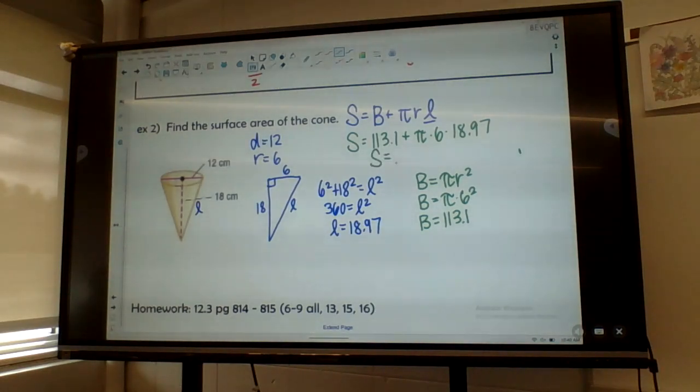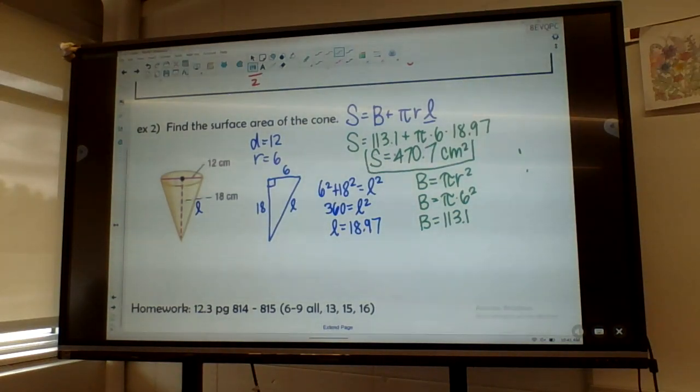And depending on how much you rounded off, I got like 470.7, and that'll be centimeters squared. You might have gotten a little bit under, a little bit over, but I would just go with 7.